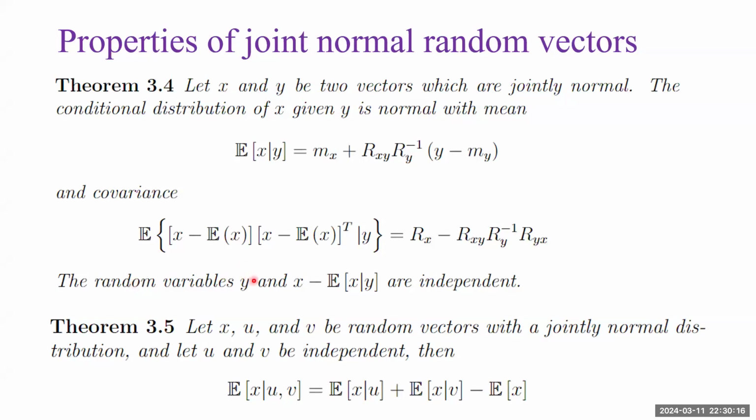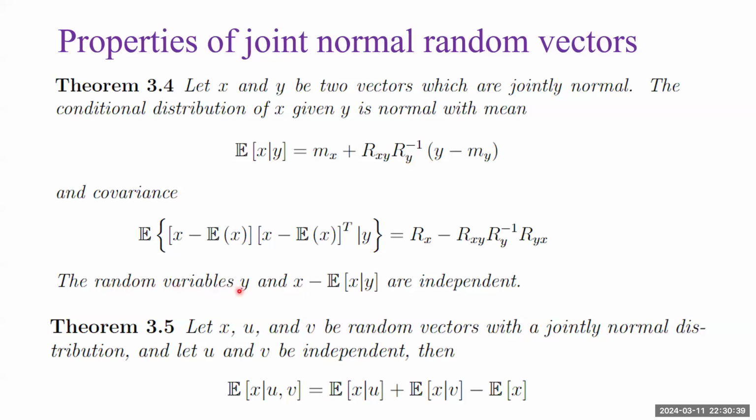The random variables y and x minus the expectation of x conditioned on y are independent. The proof of this theorem can be found on page 219 in the textbook.